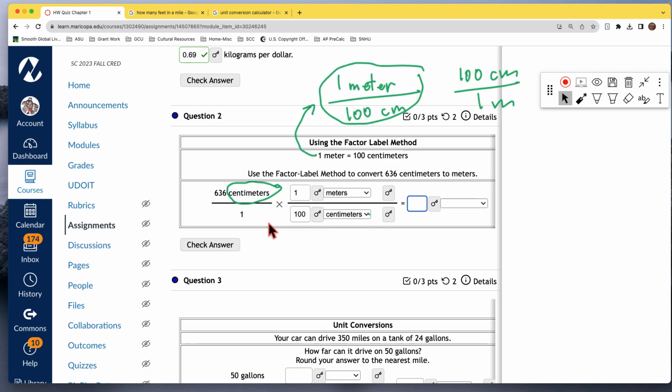When we're dividing, we get smaller, so we'll move it 2 places. So without a calculator, I can say I'm going to get 6.36. And then what are my final units? Well, the centimeters have canceled out, so the final units are what's in the numerator. That's meters. Okay, does that make sense? No? Okay.